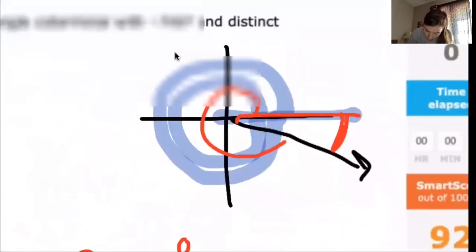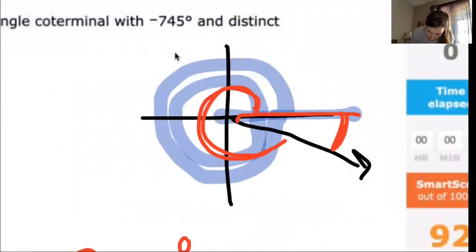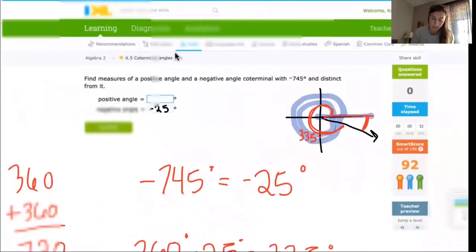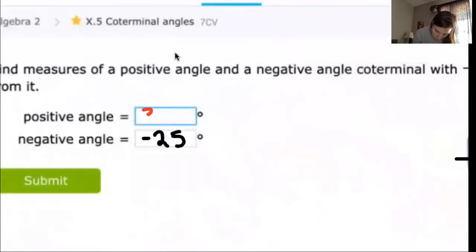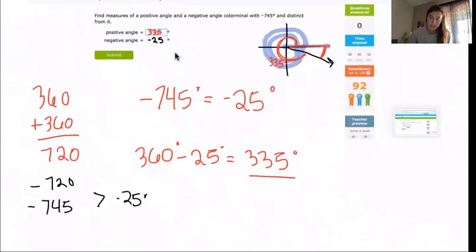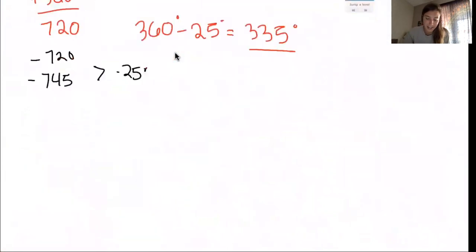So this little red spiral is 335 degrees in the positive direction. There we go.